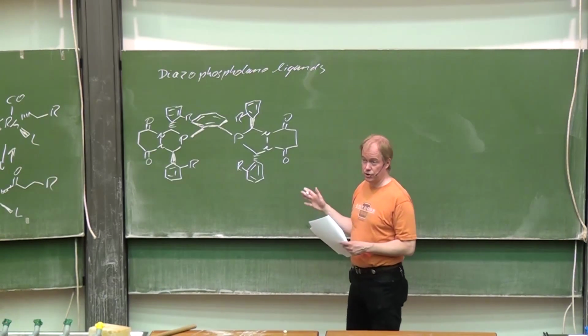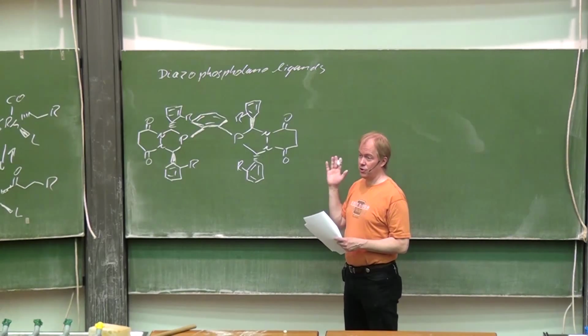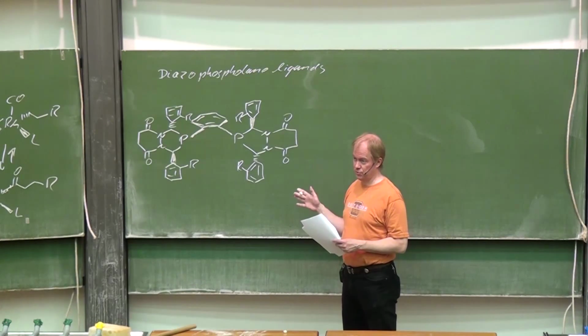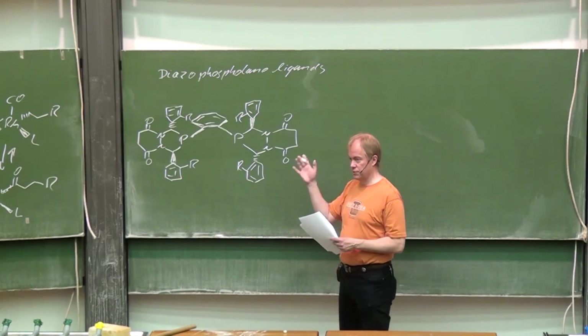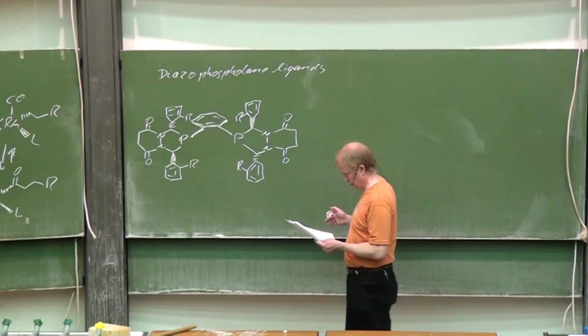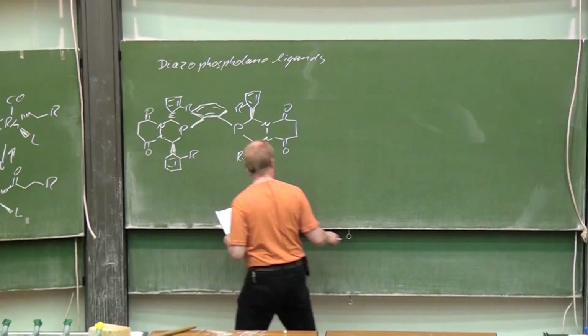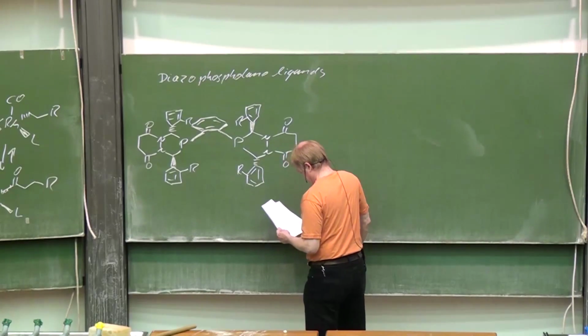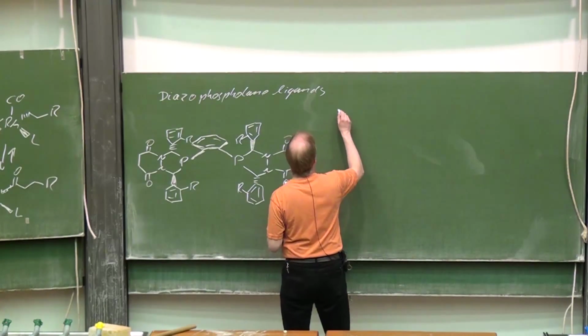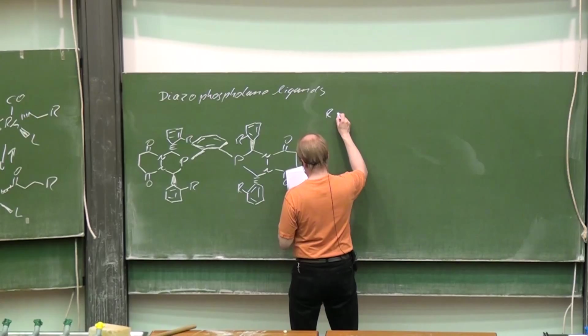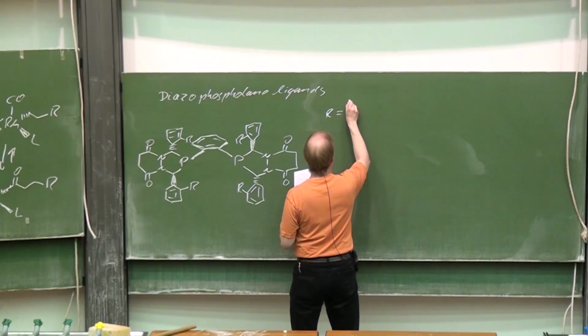You can imagine it took a long time, and a lot of research groups have worked on that until we found this as one type of optimized ligand. So, what is R? A very nice example is this one.